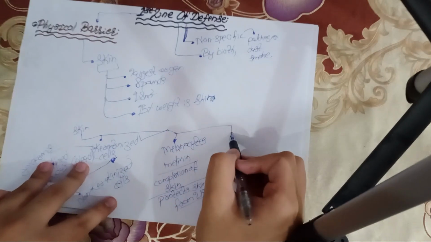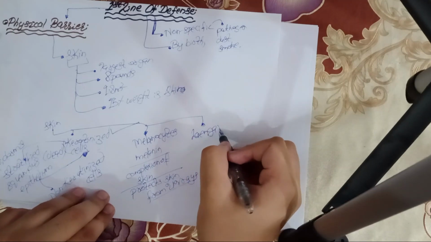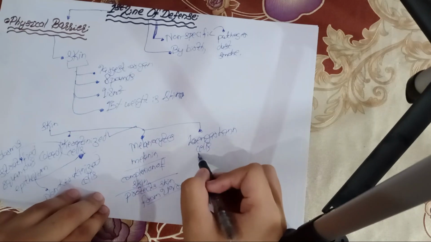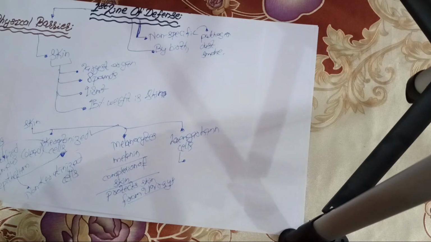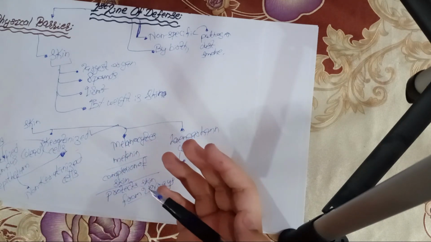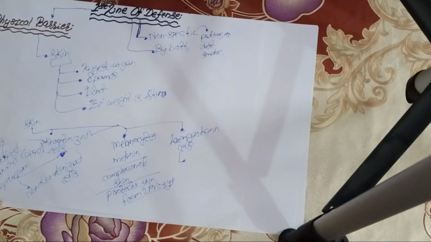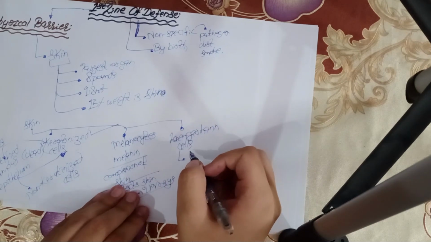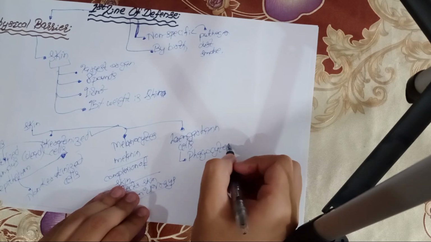The third type of cells which form the skin are Langerhans cells. Langerhans cells are involved in protection of the body against certain types of antigens as well as pathogens. Langerhans cells include phagocytes.